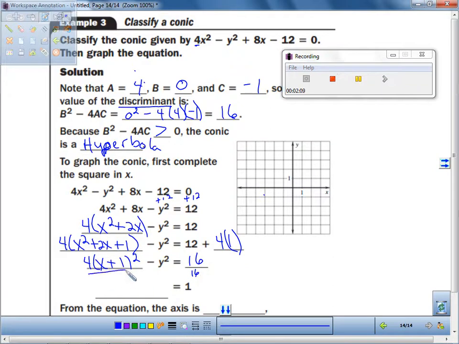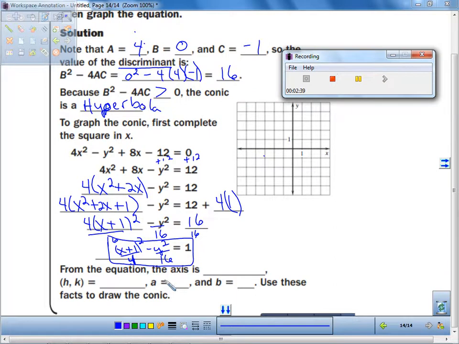Our equation is going to be x plus 1 squared over 4 minus y squared over 16. We got to reduce this: 4 goes into 16 4 times, so we'll reduce that to 4. That's our equation in standard form.